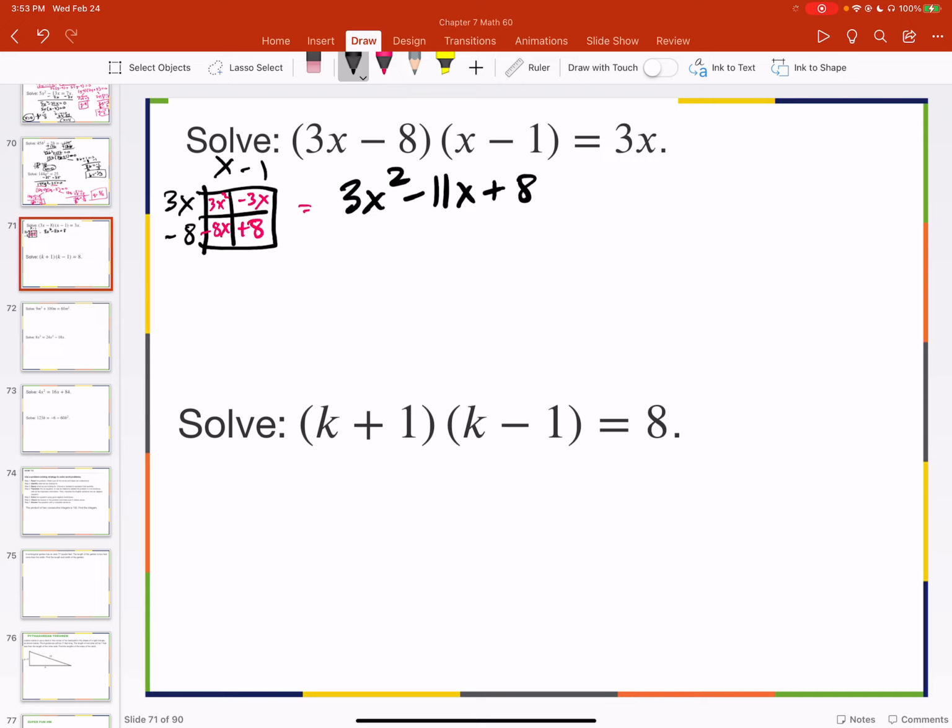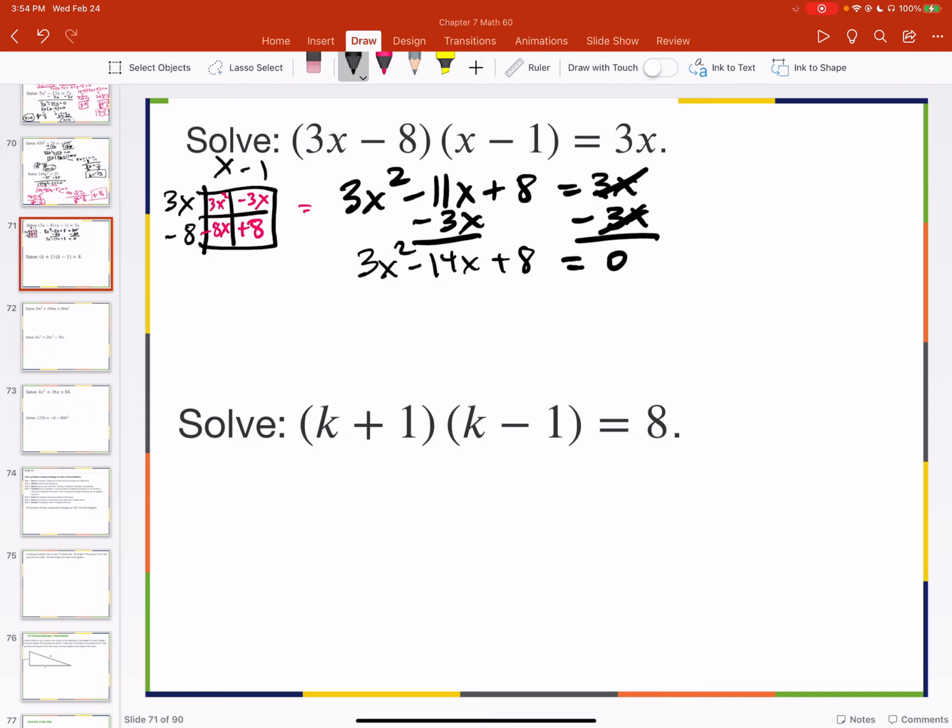So we need to subtract 3x from both sides, so we get that 0 that we want on the right-hand side of the equation, leaving you with 3x squared minus 14x plus 8.